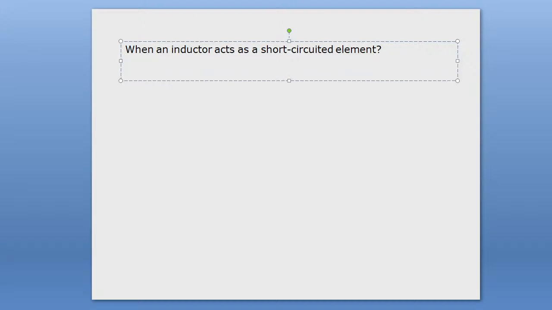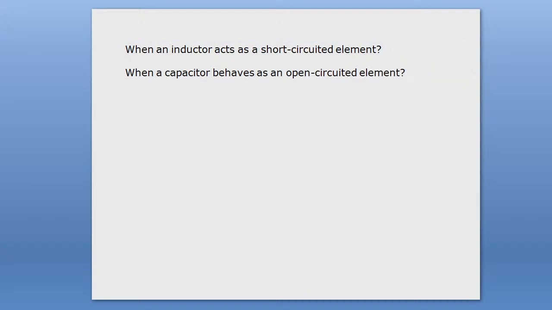And also you tell me when a capacitor behaves as an open circuited element. Okay, the next question is when an inductor acts as a short circuited element and when a capacitor behaves or acts as an open circuited element.